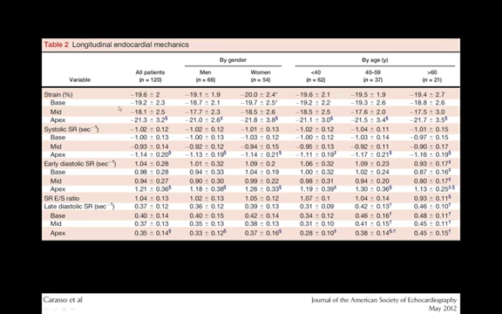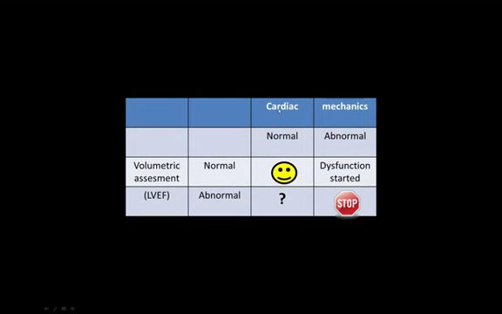So that number, as you can see, longitudinal 19 at the base, 19, the mid 18, but the apex a higher number, just like I alluded to before. Like I showed in the meeting, we know that cardiac mechanics are one thing, and volumetric assessment of the ejection fraction is an entirely different thing.